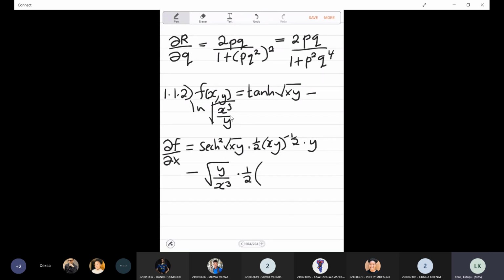And then we have x cubed over y to the power of minus a half. And then you multiply by the derivative of x cubed over y, which is 3x squared over y.